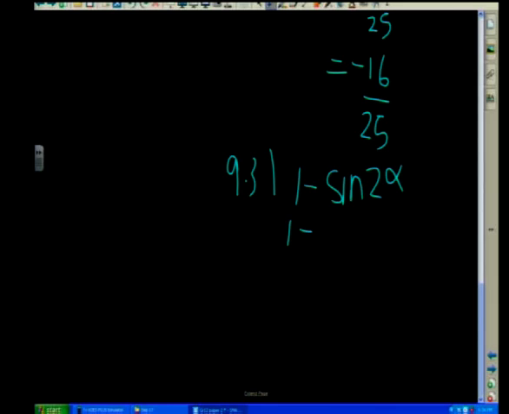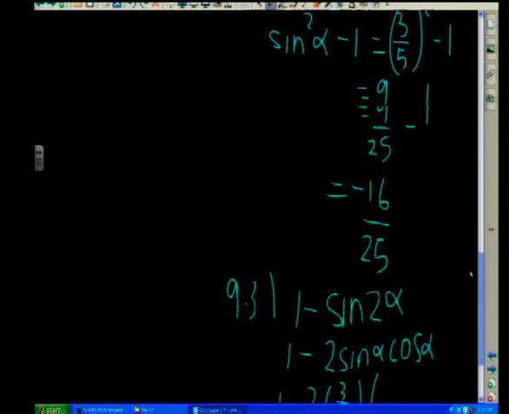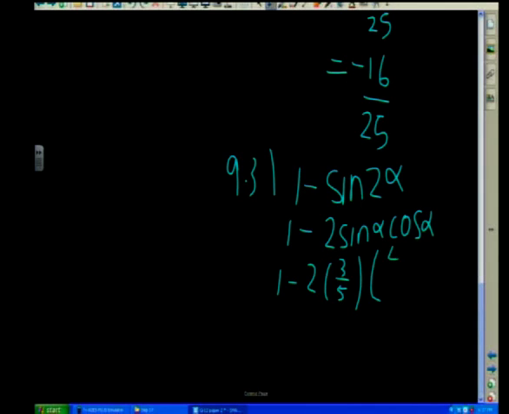So sine of 2 alpha is 2 sine alpha cos alpha. All right. Once we've got it in that form, once we've expanded, we can just use the triangle that we've drawn. We know already that sine of alpha is 3/5. If you want to work out cos alpha, you go back to the diagram. We know that cos is adjacent over hypotenuse, so it's going to be 4/5.